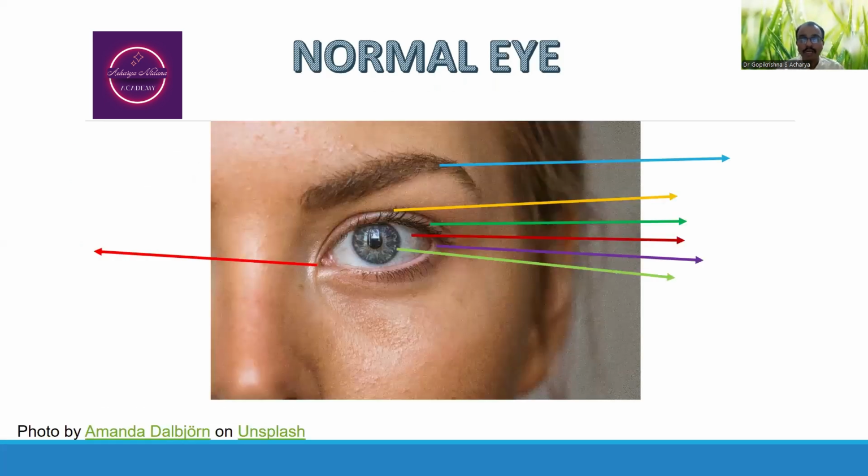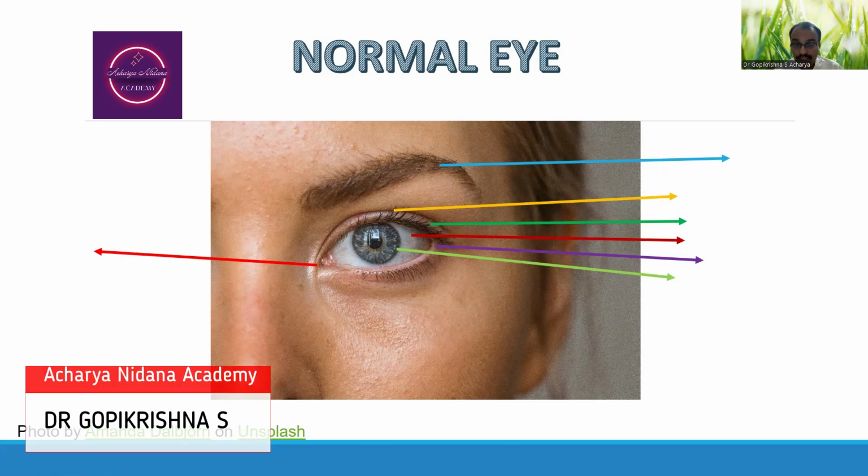When you think about the normal eye, this is the eyebrow, which most of us know. Next come the eyelids, then the eyelashes. Then here is the sclerocorneal junction, and the white color of the eye is the sclera, and the transparent portion that we see is the cornea.